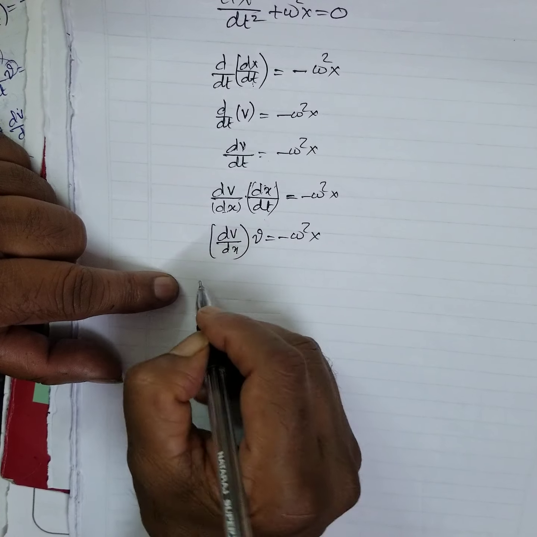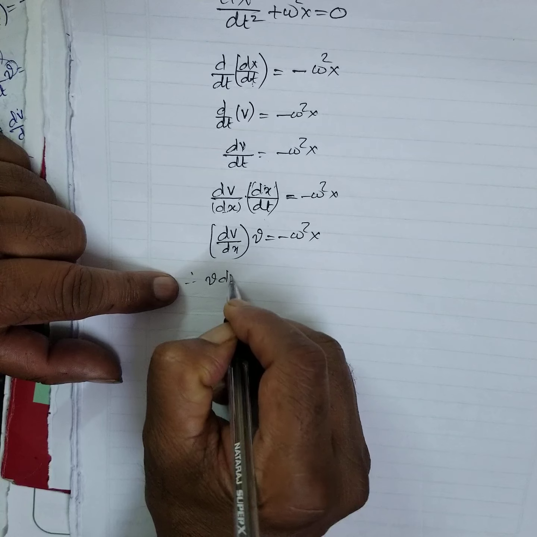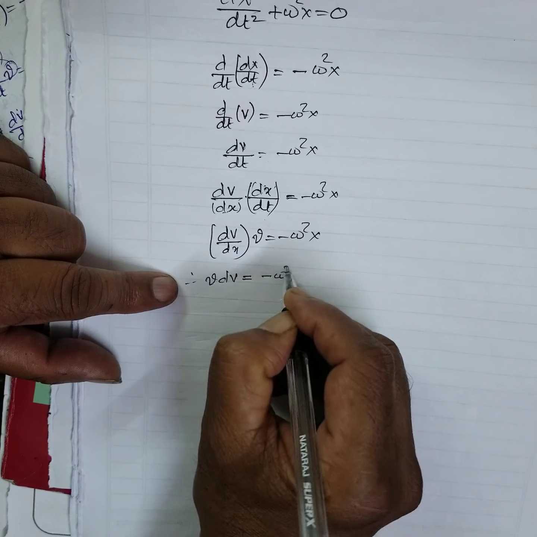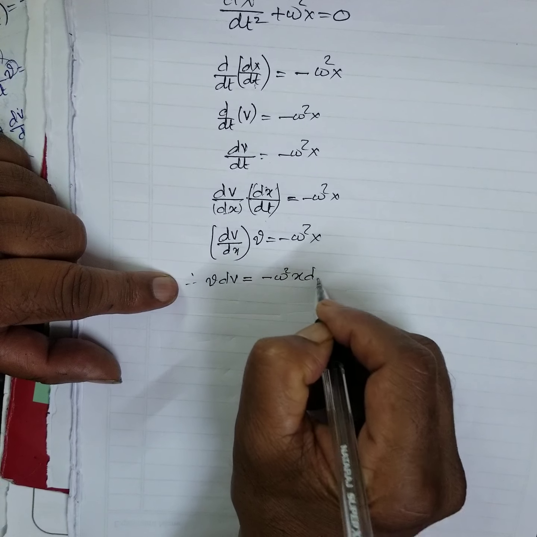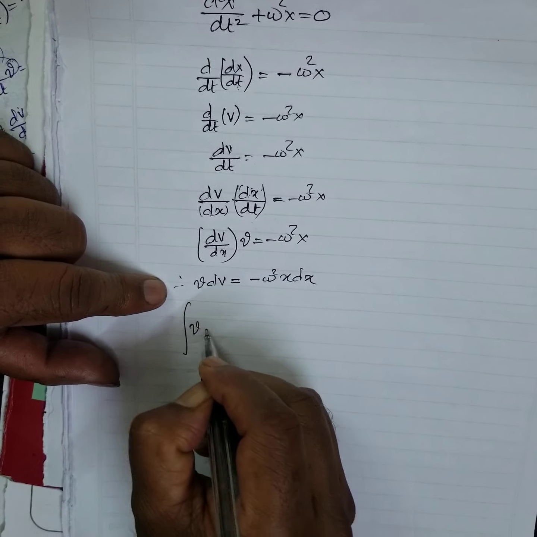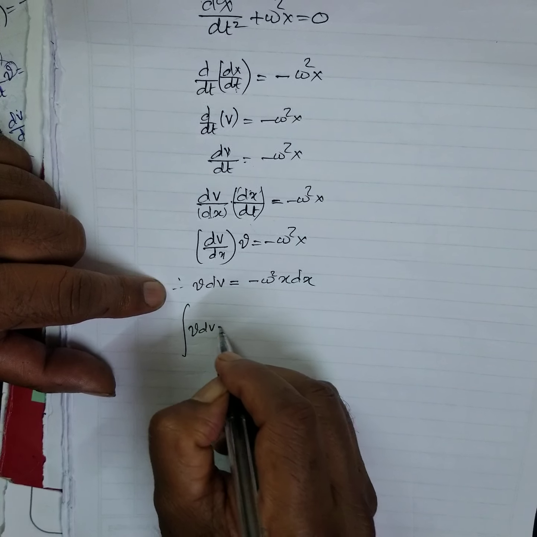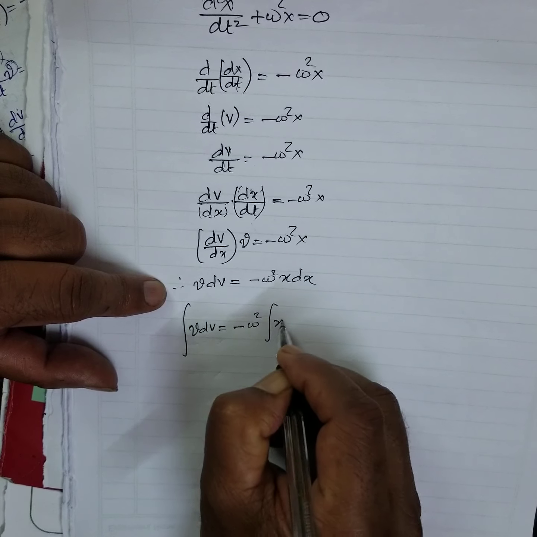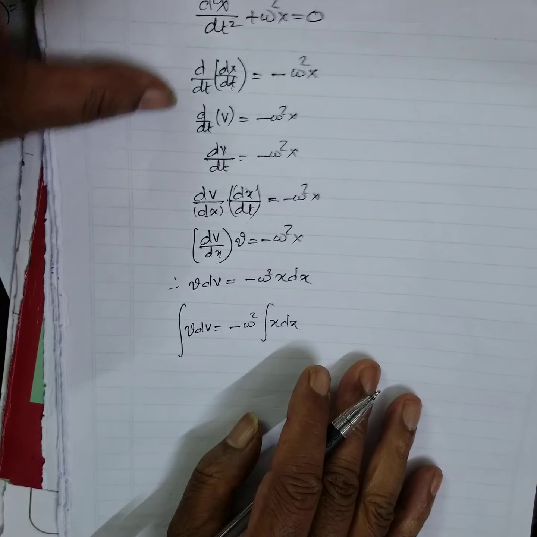Do the variable separable, therefore v dv is equal to minus omega square x dx. Now integrating it.